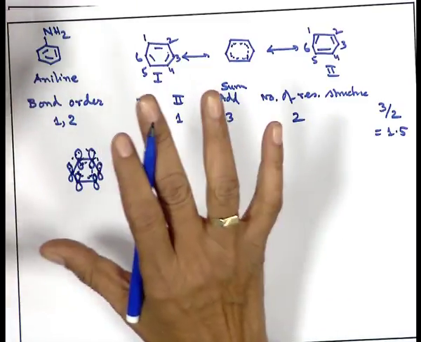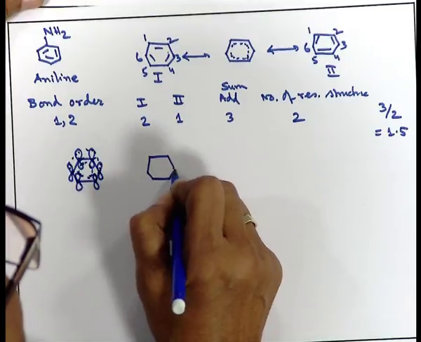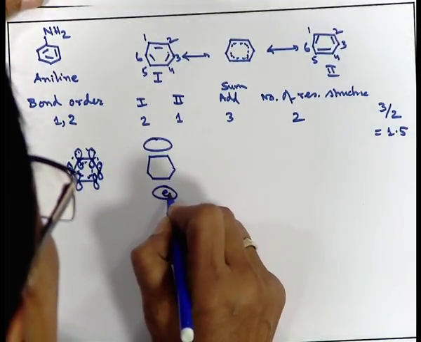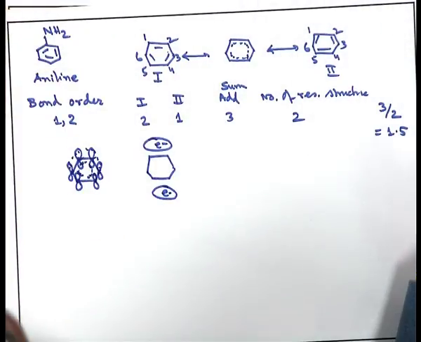Just to clarify, you get a hexagonal ring, and on top of that and in the bottom of that there are electron clouds. So, this is the overall picture of the benzene ring.